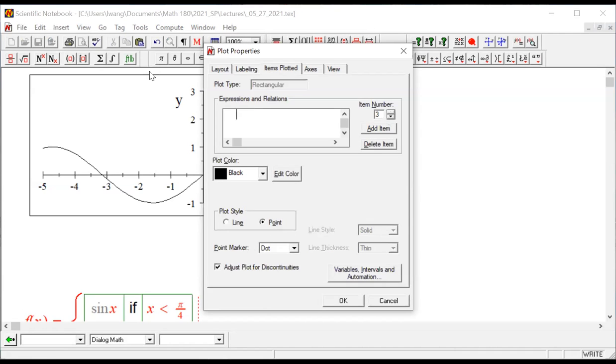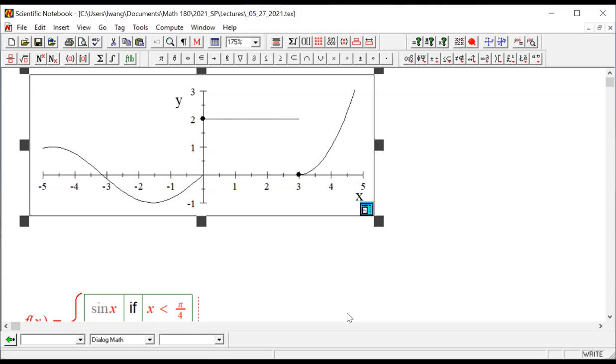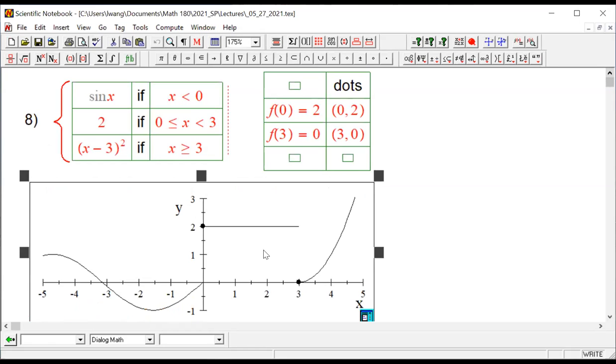Are we good? Always check back and forth. How about these? We have to put a circle there. We must put circles there. So let's do it.